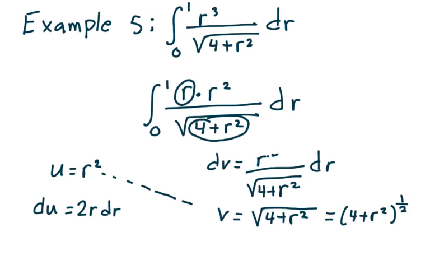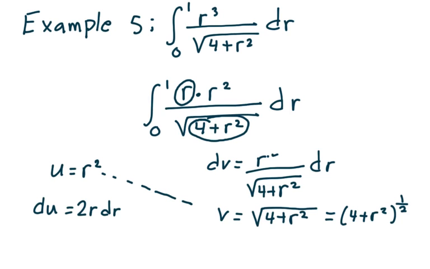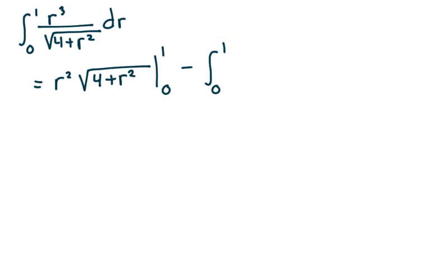So the integral from 0 to 1 of r cubed over the square root of 4 plus r squared dr is equal to r squared times the square root of 4 plus r squared, evaluated from 0 to 1, and I'm going to subtract the integral from 0 to 1 of 2r times the square root of 4 plus r squared dr. If I plug the 1 in, I get square root of 5.